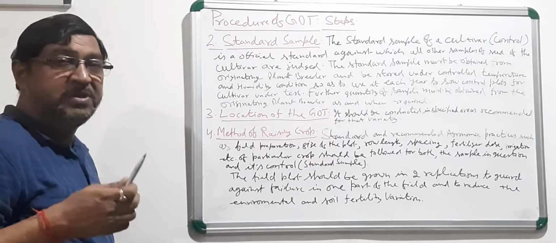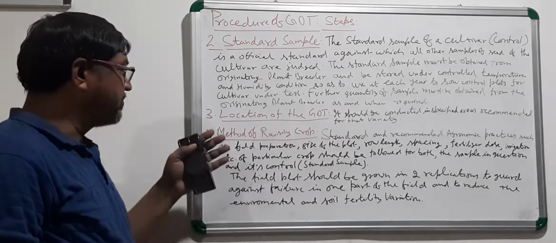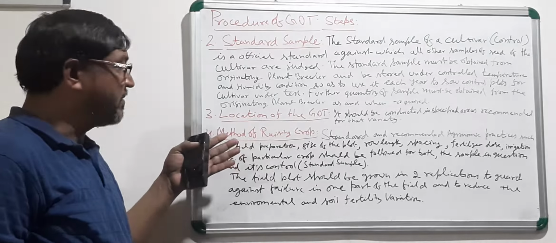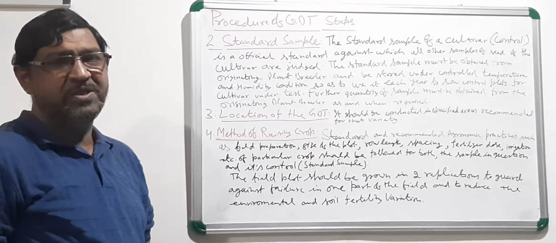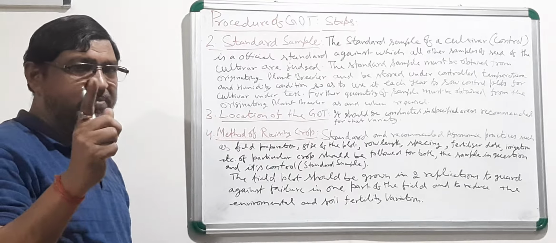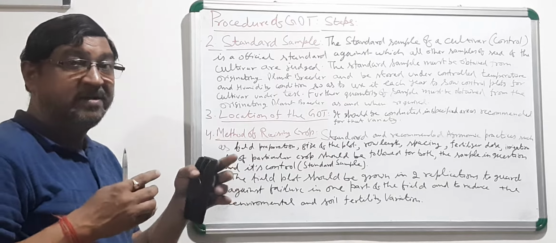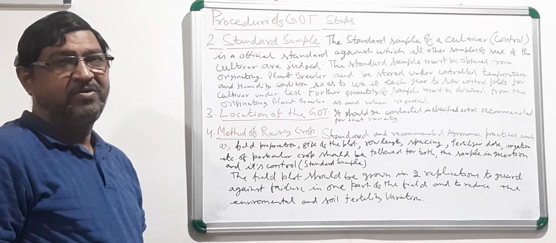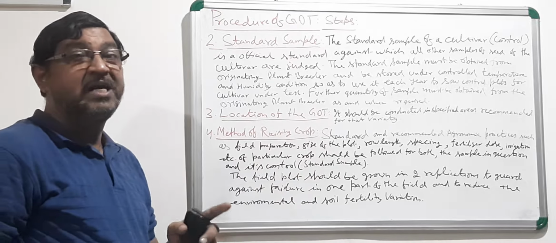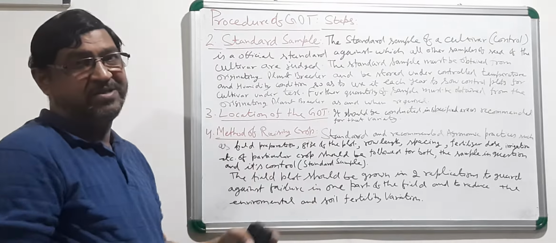Now this is the step by step I'm coming for grow-out test. Now you come to the third step, location of the GOT. Where should be the location of grow-out test for that particular variety? It must be those areas for which that variety has been released.